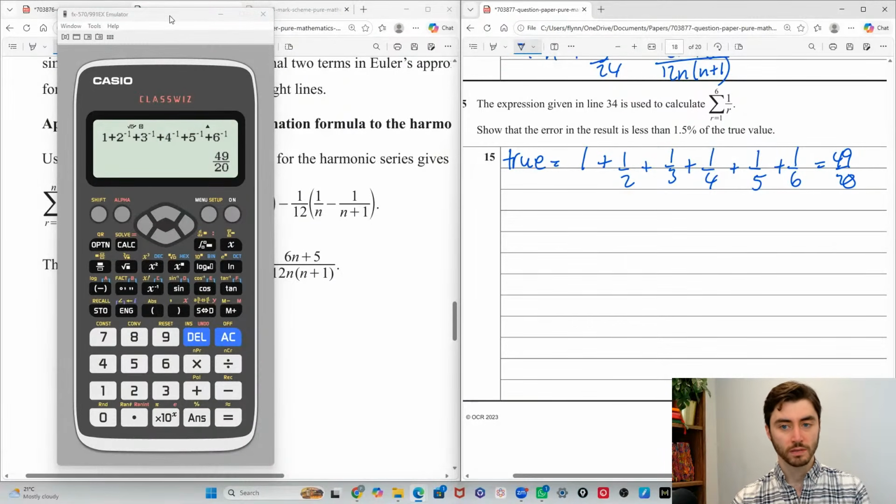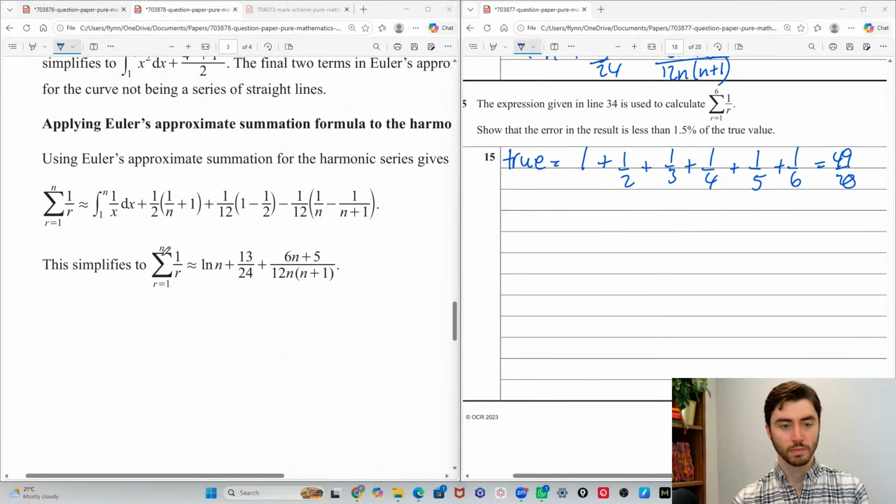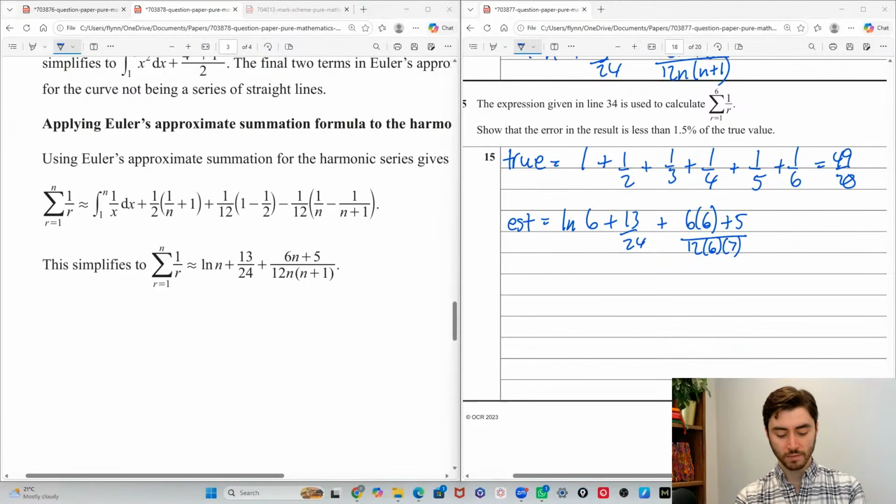The approximate value is going to be this when n equals 6. So the estimate is going to be ln 6 plus 13 over 24 plus 36. Well, I'll just plug it in. So 12 times 6 times 7. And in fact, it'll be faster if I do this by hand.